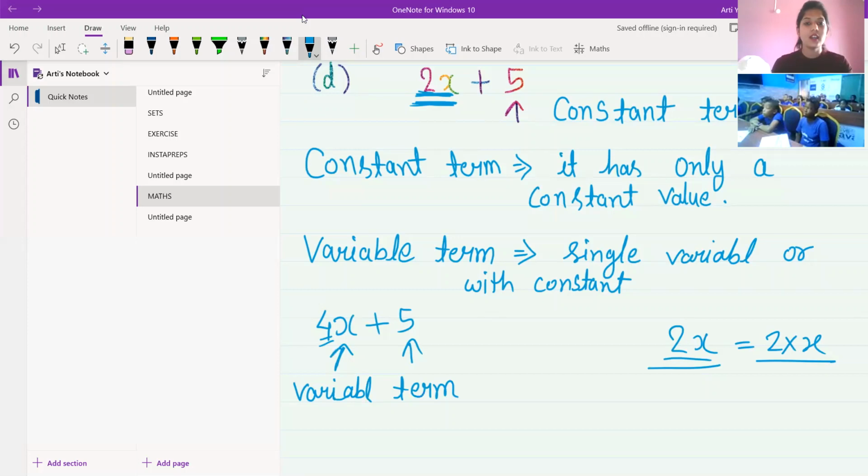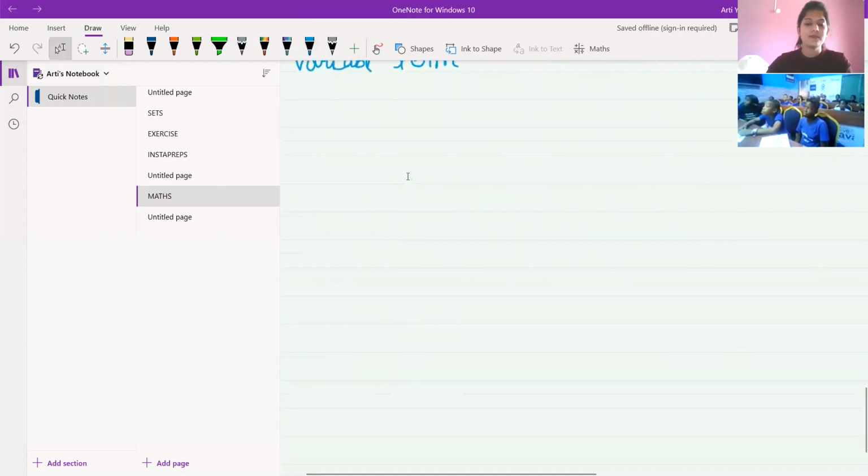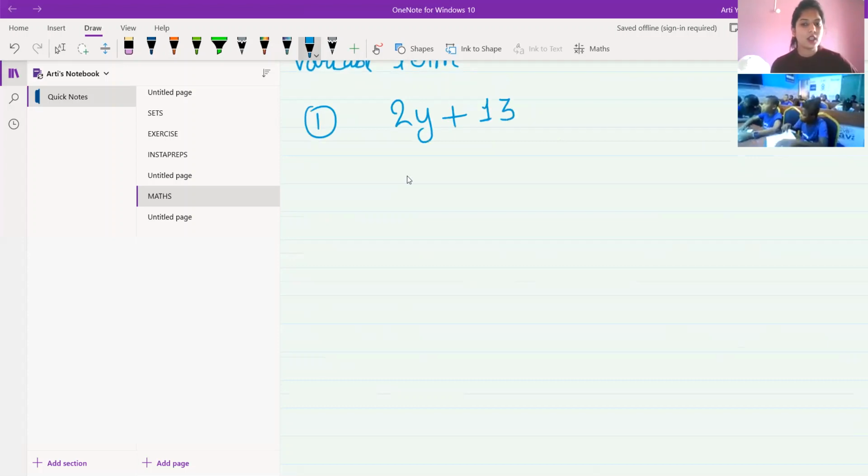You have to tell me the answers. Number one: 2y plus 13. Tell me which is the constant term and which is the variable term. Which is the constant term here in this expression? Everybody can say, together. 13 is the constant term.